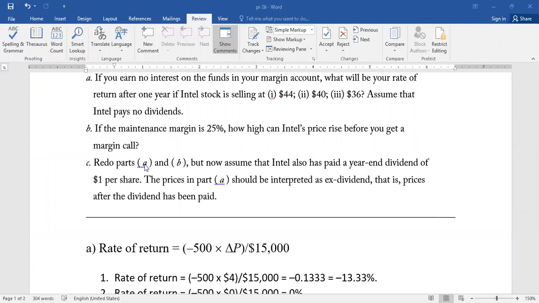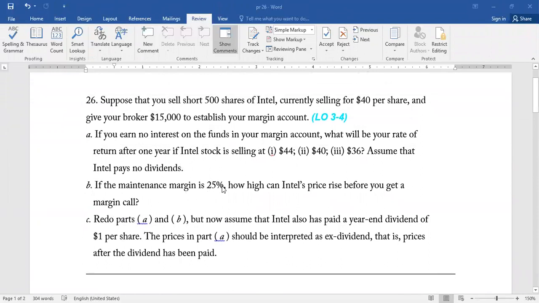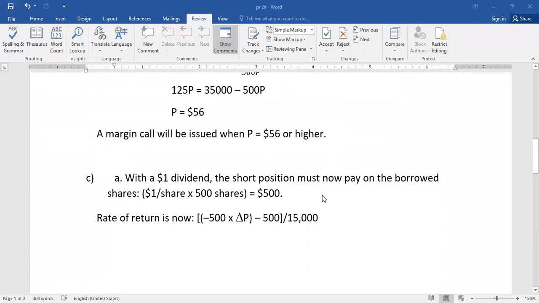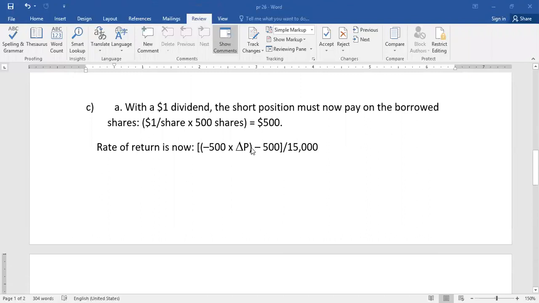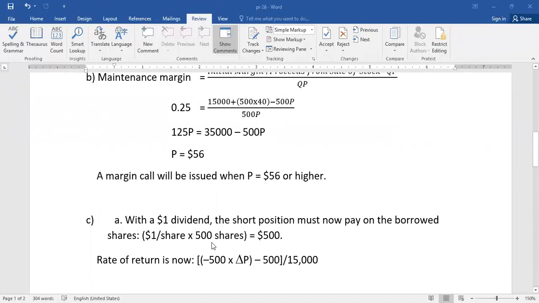Now we have to redo part B, which is if the maintenance margin is 25%, how high can Intel's price rise before you get a margin call? Keeping in mind that I have to pay $500 in dividends. Okay, I have to pay $1 dividend per share, and I have 500 shares that I shorted.